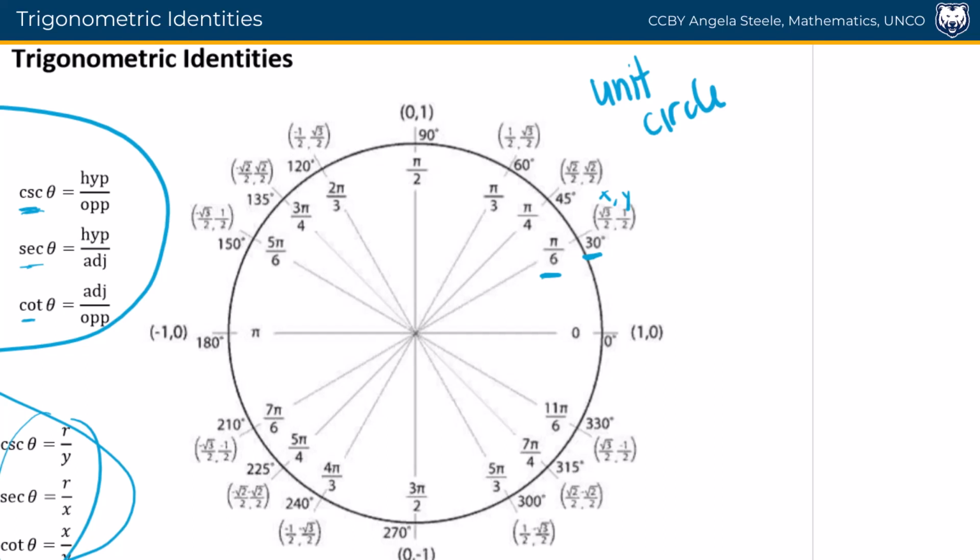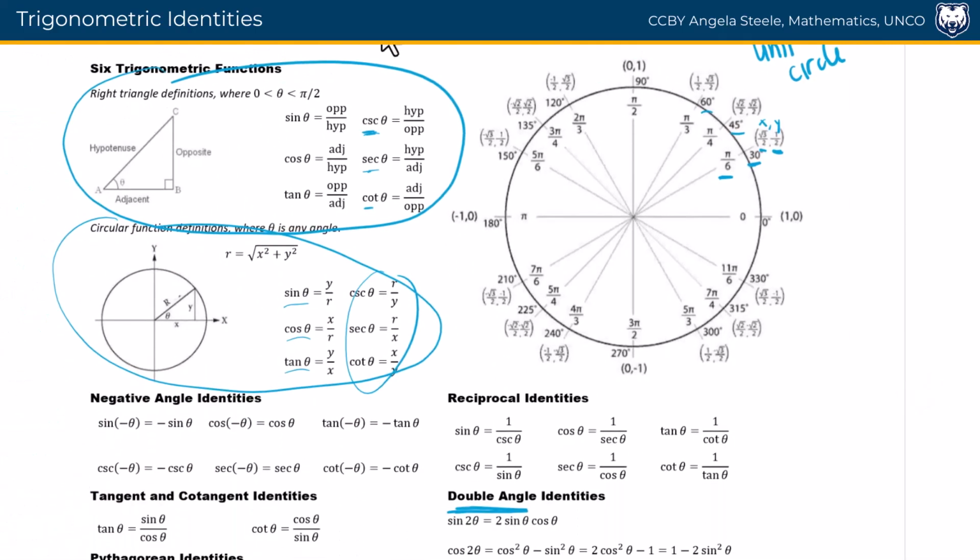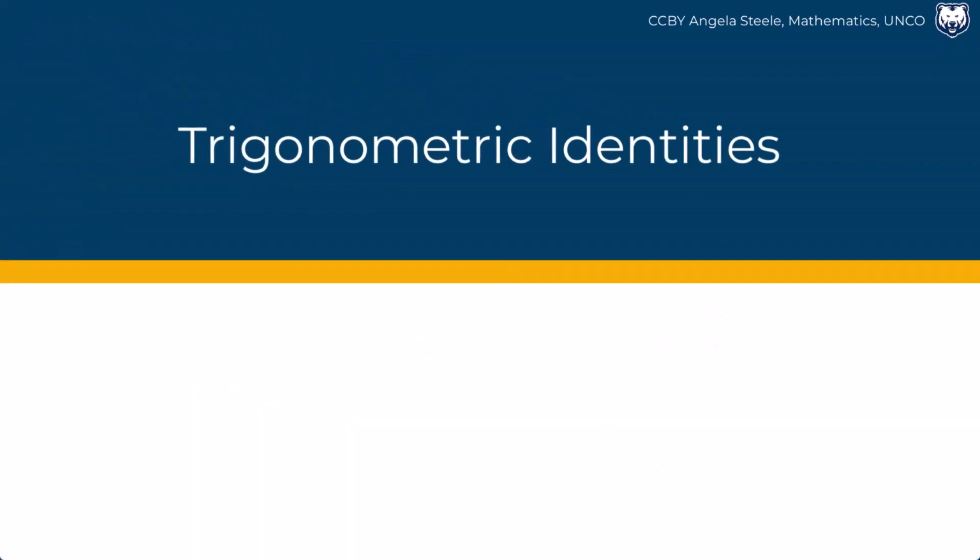But because the 30, 45, and 60 degrees show up so often, there's this nice unit circle with the solutions already shown on there. So if somebody says, what is the vertical distance of 30 degrees, we know it to be 1/2. If somebody's asking what is the horizontal distance, that is the square root of 3 over 2. Okay, so this reference sheet is just nice to have, so that way you've always got some information at your fingertips.